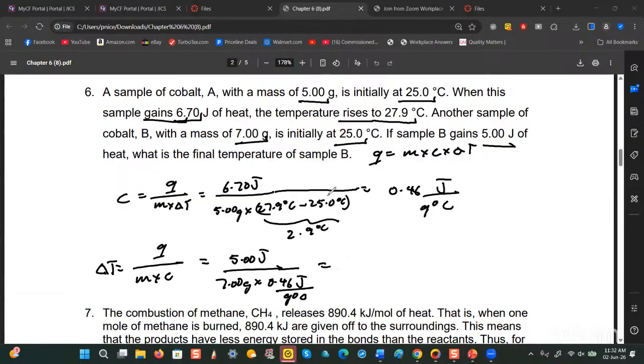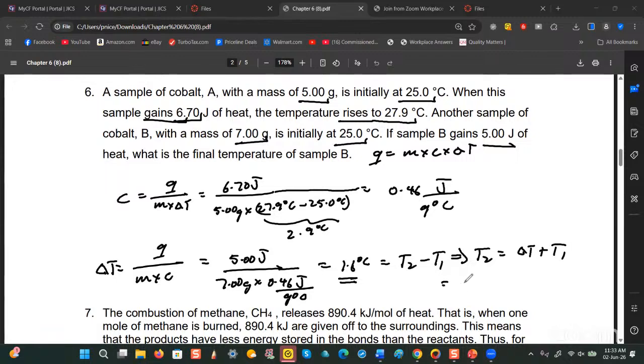And according to my calculation, in this case, I'd have to round off to 2 sig figs, which would be 1.6 degrees Celsius, right? Now remember, that is delta T, which is the same thing as T2 minus T1, right? What we're trying to find is T2. So T2 would be equal to delta T plus T1.